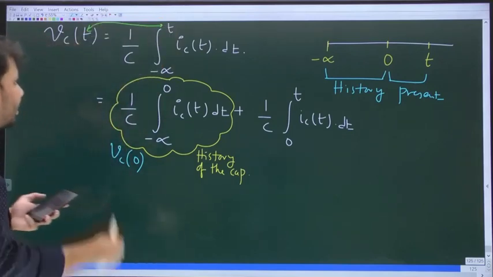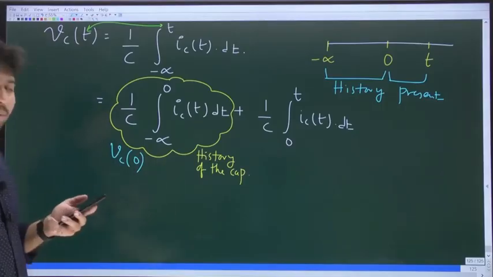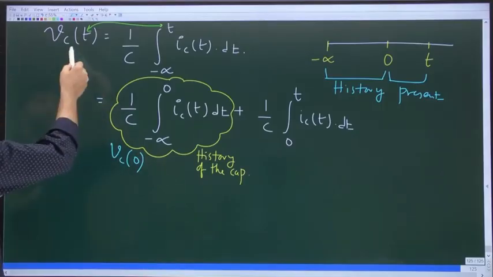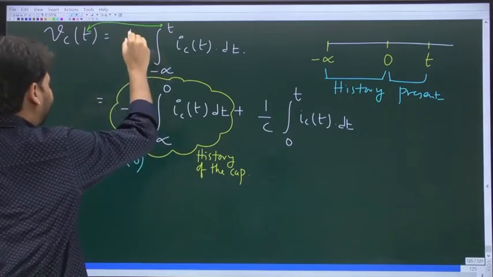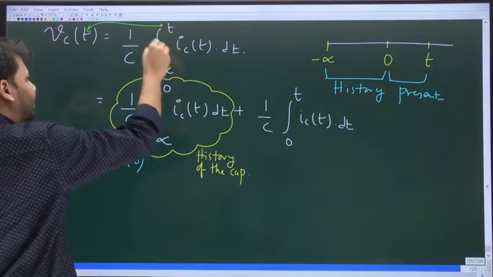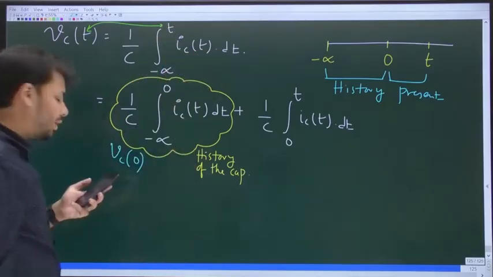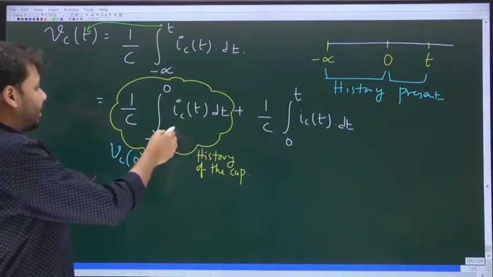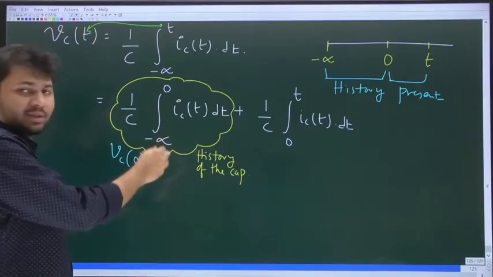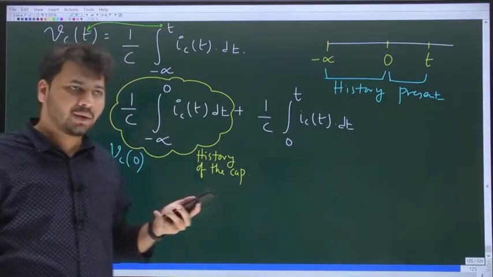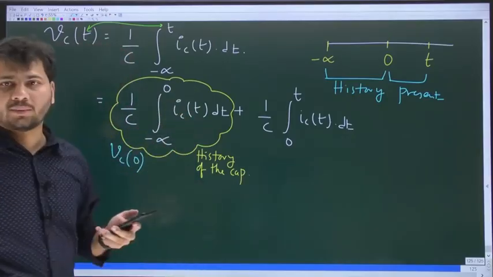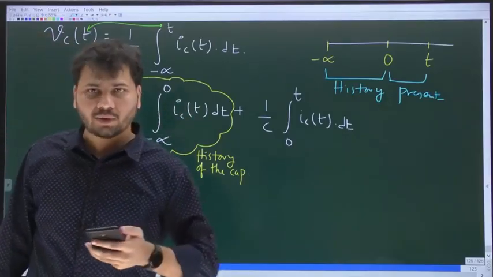I am asking you to substitute t equal to 0. Left hand side will be Vc of 0. Right hand side will be 1 by c integral minus infinity up to 0 Ic of t dt. And even this term is the same thing, 1 by c integral minus infinity up to 0 Ic of t dt. That is why the first term is called Vc of 0. Understood? Yes.